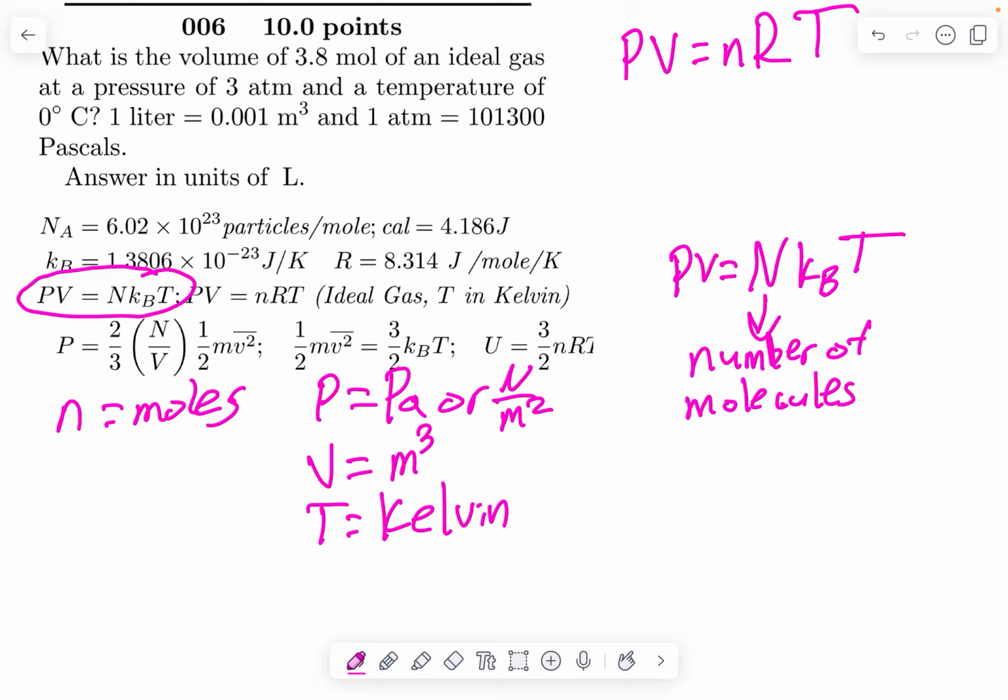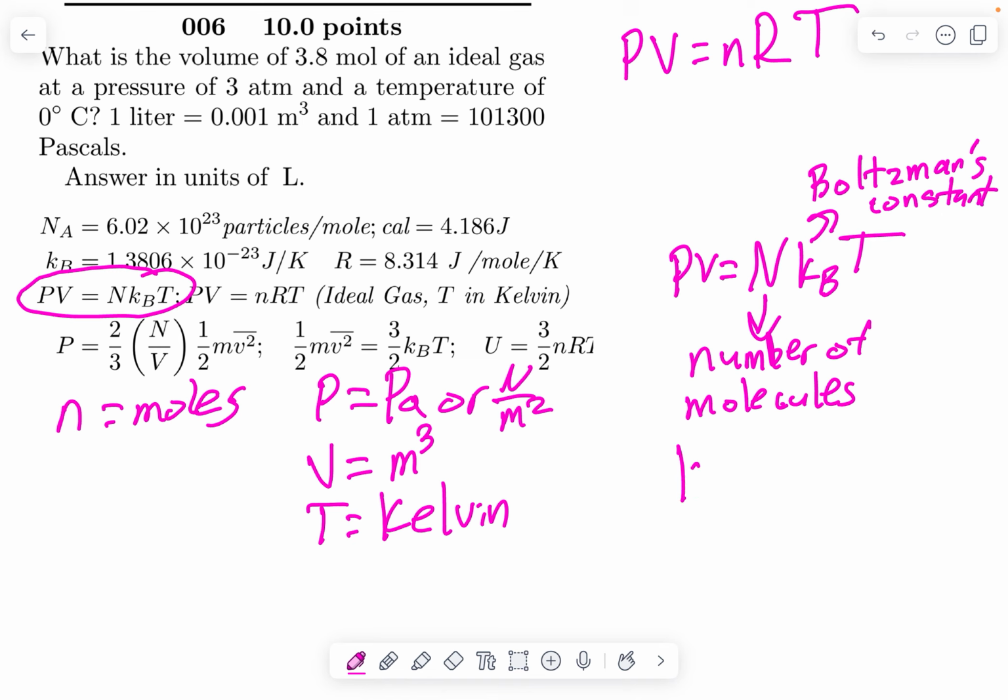So instead of using moles, it's literally the number of molecules, usually a much bigger number. And then k_B is another constant. It's called Boltzmann's constant. I have no idea how to spell it, but I think that's how you spell it.